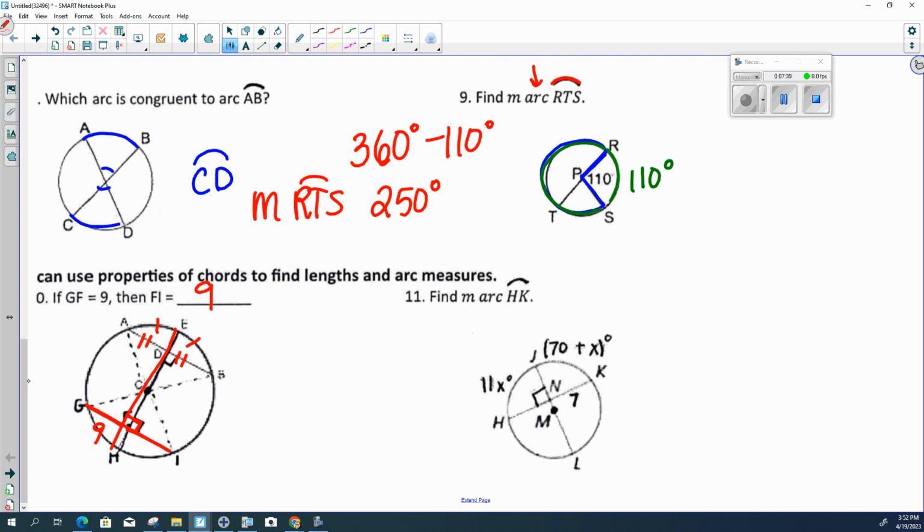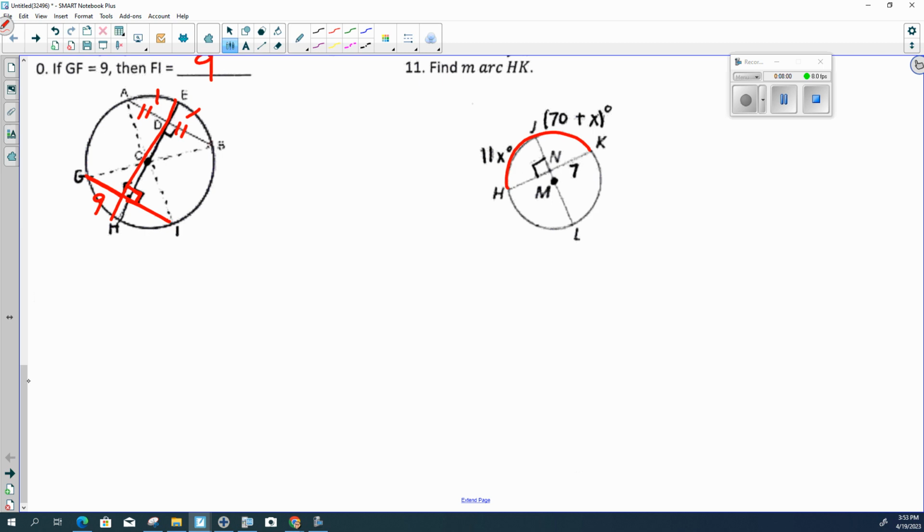Okay, the next one. What is the measure of arc HK? How would we go about doing that? Well, we're using the same theorem, perpendicular chord bisector theorem. If you don't have your theorem page sitting there and you're not reading it and making sure you got notes on there, please get it out and double check. You might be watching me and thinking this is so easy and then go to try to do it yourself and lose your confidence.